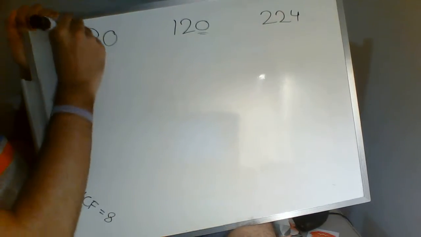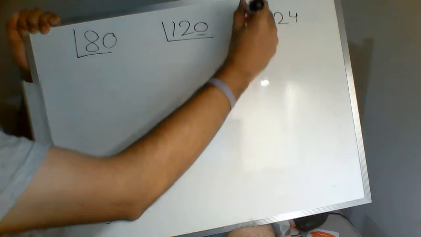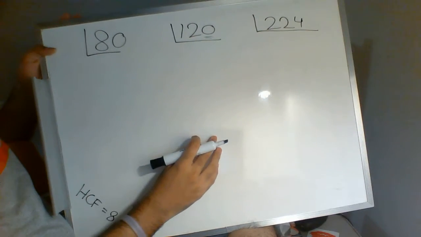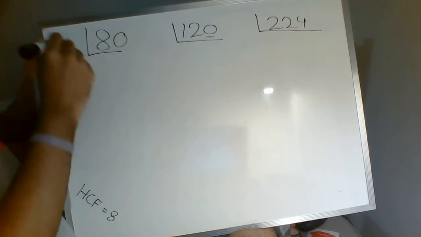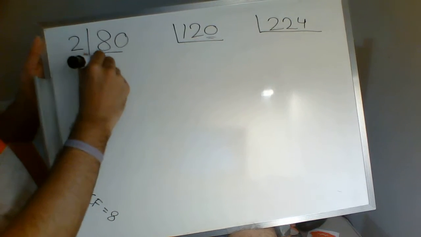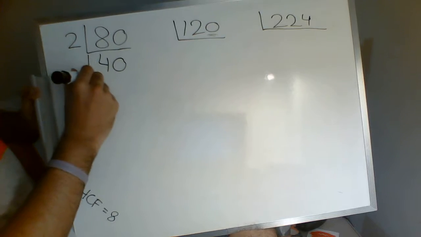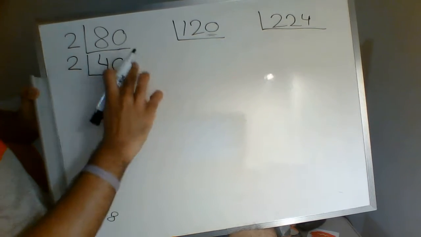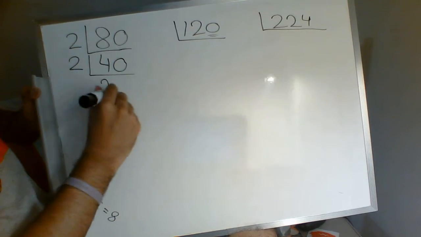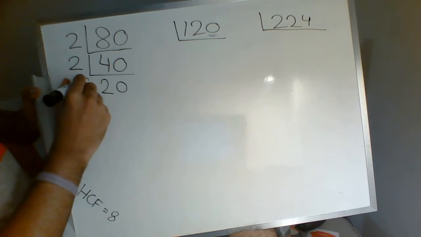So if we go through this with the division method, we put that L-shaped thing around all of these. And we'll start with the 80. It's even, so we can divide it by 2. 80 divided by 2 gives us 40. Still even, so we can divide it by 2 again. 40 divided by 2 is 20.